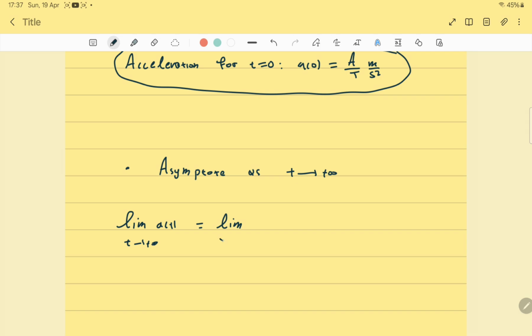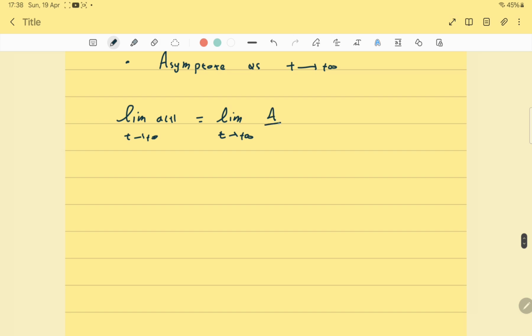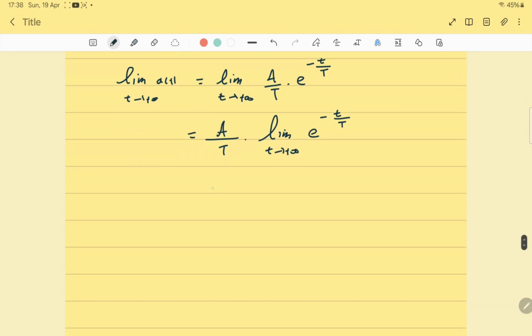It's going to be the limit as t goes to infinity of my function A over T times e to the minus small t over capital T. The constant is not affecting the limit, so it's going to be A over T times the limit as t goes to infinity of e to the power of minus small t over capital T. This is an exponentially decaying function, so when t grows to infinity, this whole thing goes to 0.